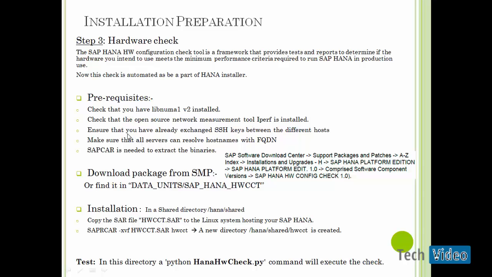Third, we should make sure we have already exchanged SSH keys between the different hosts to be used in the installation. And last, we have to make sure all servers have a resolvable FQDN. FQDN is fully qualified domain name.